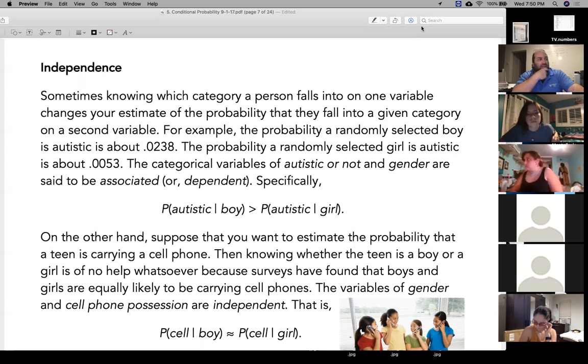If I see a child that's autistic, do you think that autism, based upon this data, is independent or associated with whether the child is a boy or a girl? Do you think that there's an association or that there's no association based upon this data? What do you guys think?